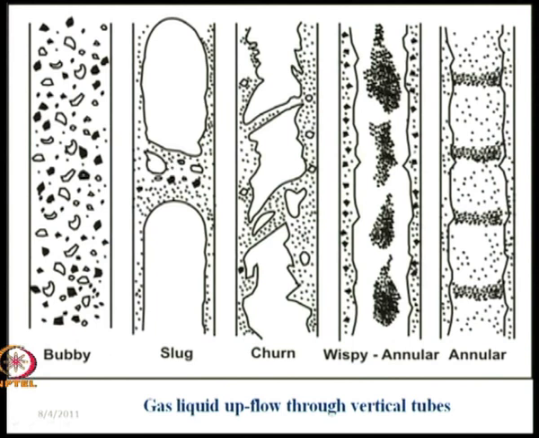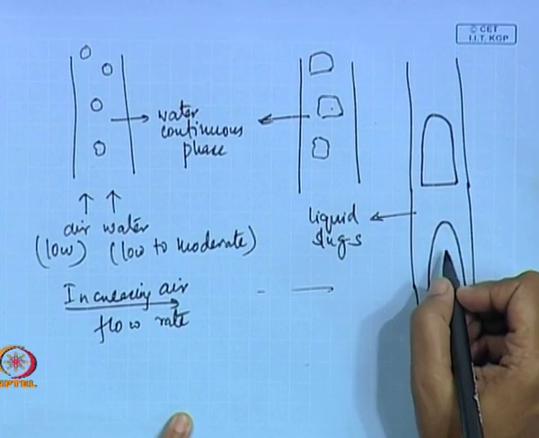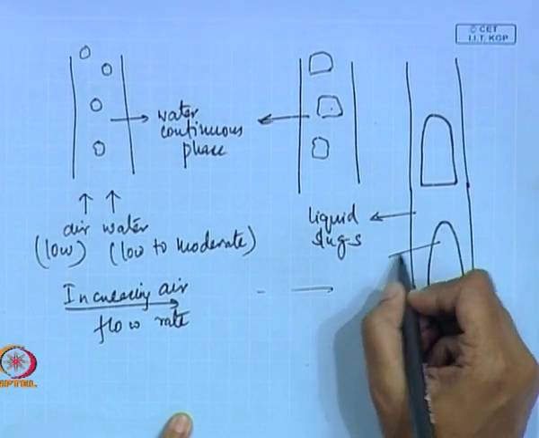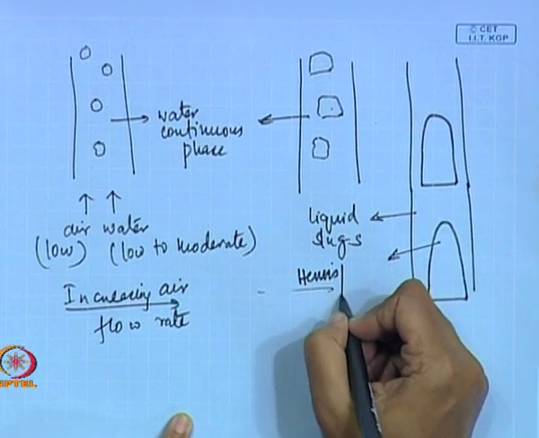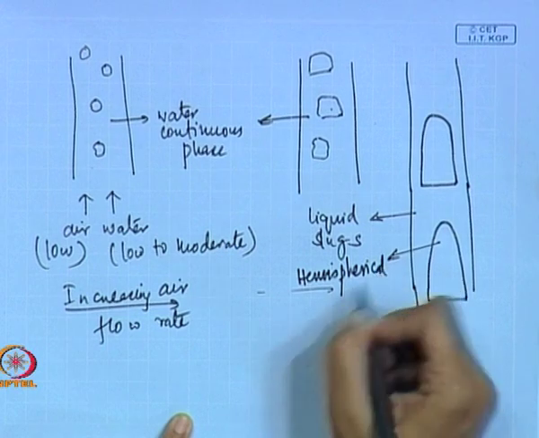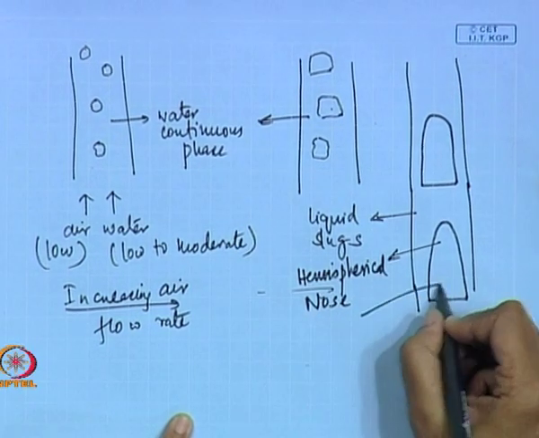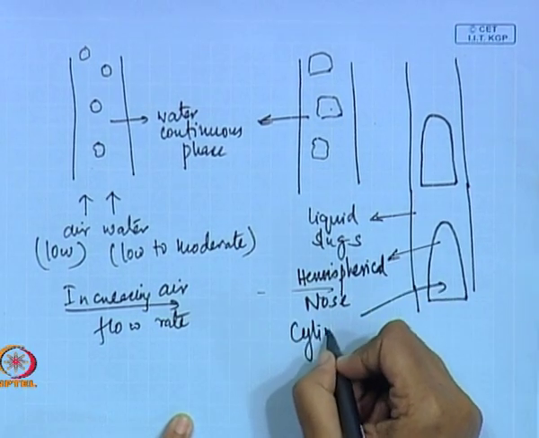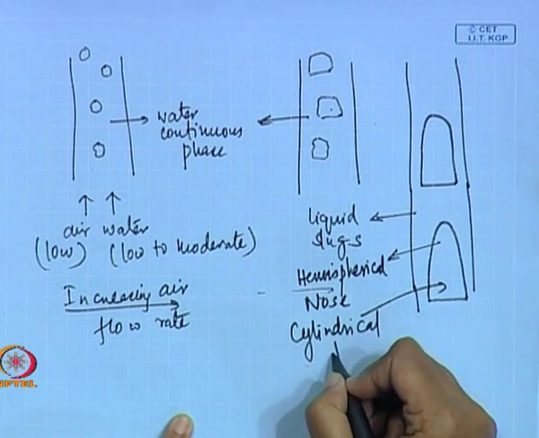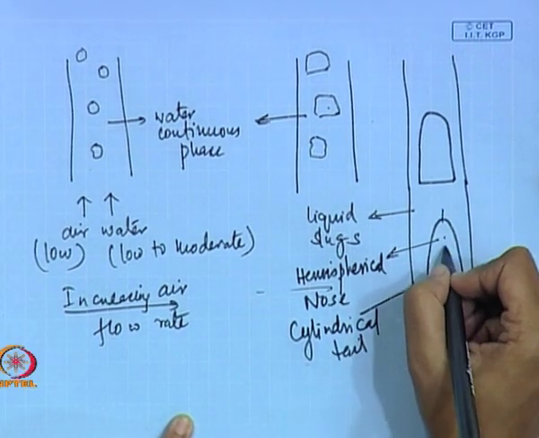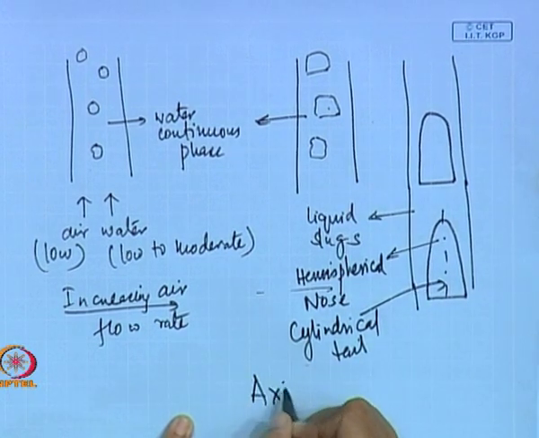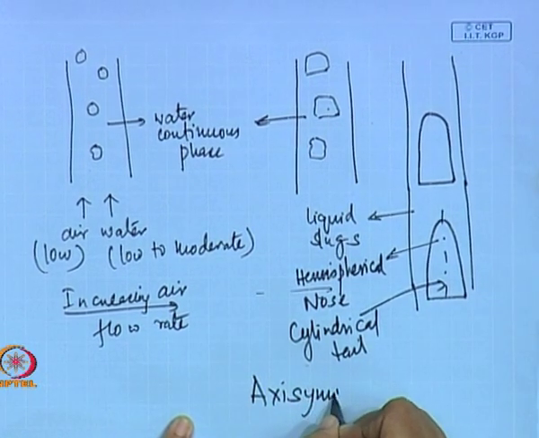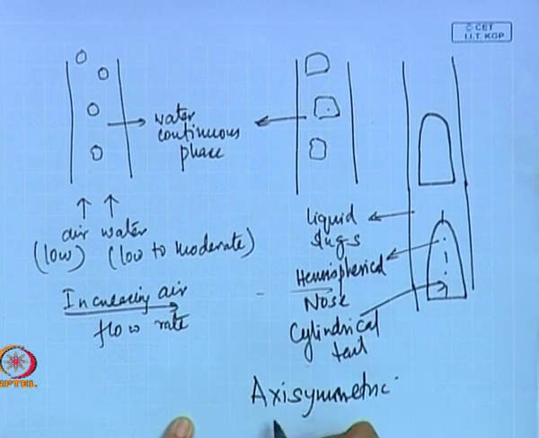What we have observed is that these particular bubbles are characterized by a hemispherical nose and a cylindrical tail. They have two portions, and they are essentially axisymmetric and bullet shaped.